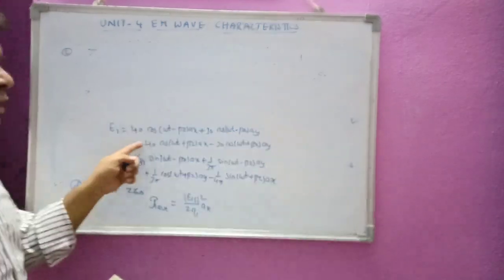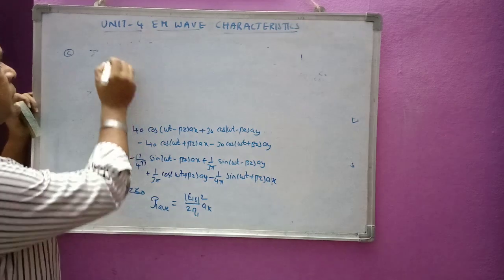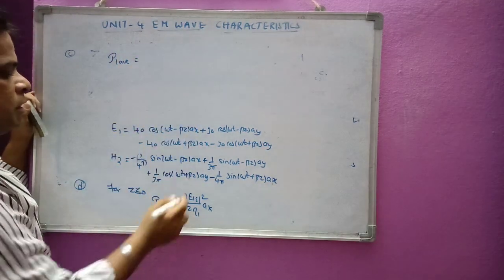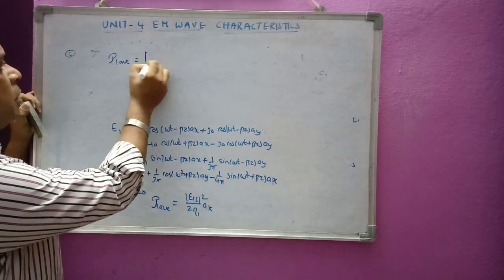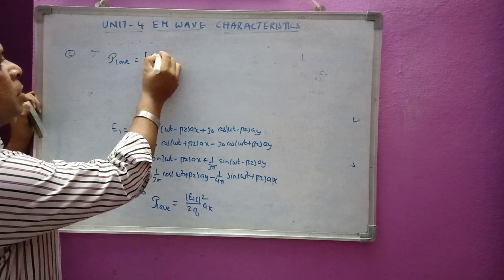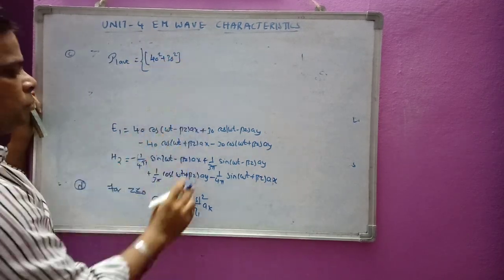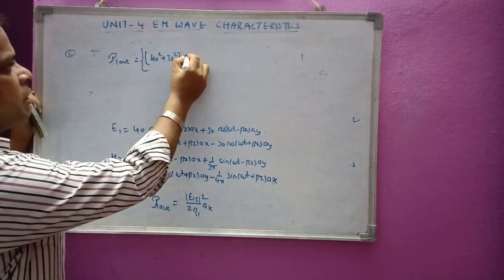You can see E1 here, that is P1 average in the medium 1. E1S is 40 and 30, that is, we have to take 40 squared plus 30 squared into the direction of the wave, which is the positive z direction, that is AZ.